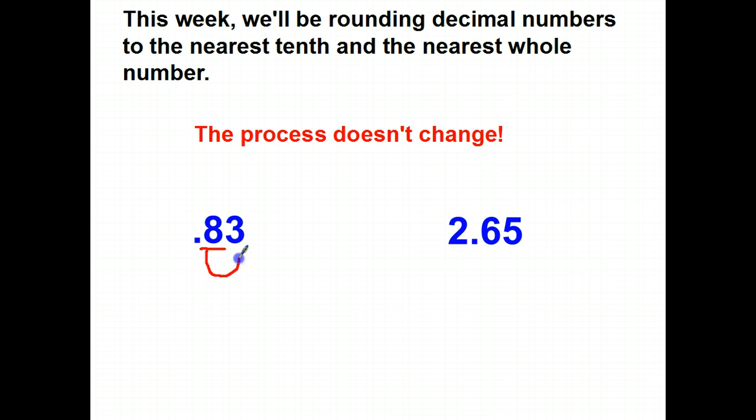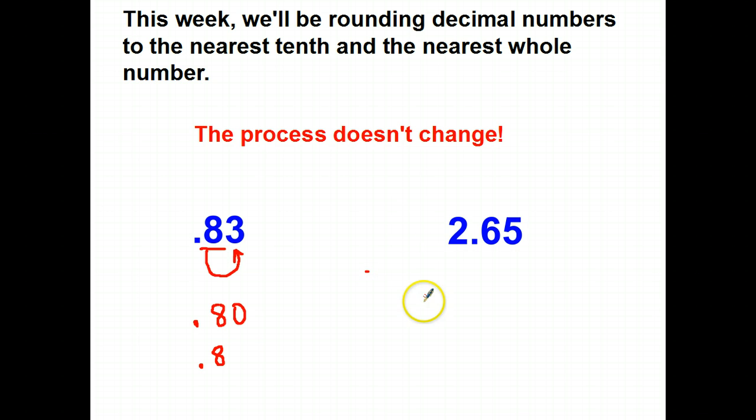Then I'm going to look to the right. There's a 3. 3 is less than 4. 4 and below, down you go. And this becomes 80 hundredths. I also could write that as 8 tenths. So 83 hundredths rounded to the nearest tenth is 8 tenths.